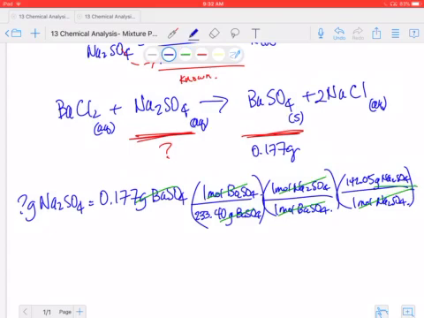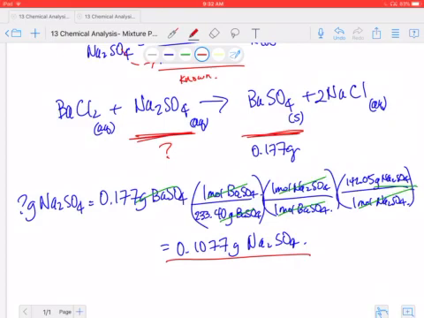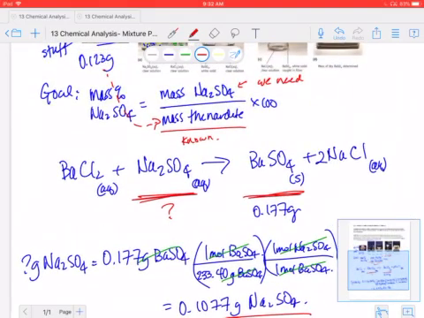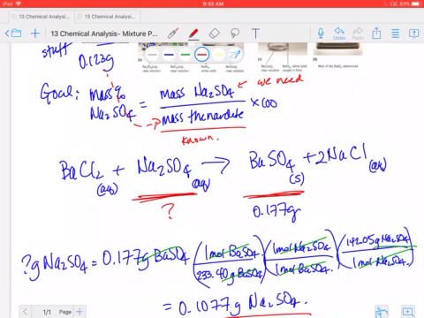Plug all of that into our calculators, and we end up with 0.1077 grams of Na2SO4. And then again, this is the number that we wanted, so we're not finished yet because we need to take this number and we need to plug that back in up here to our goal problem, right? So up here, we had our goal was to find the mass percent.